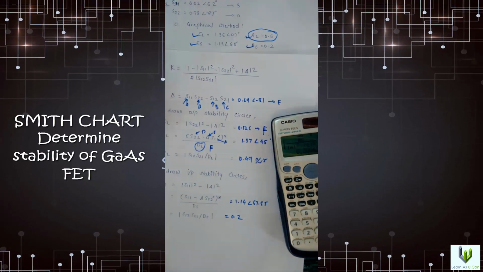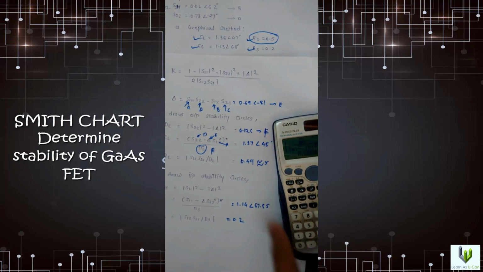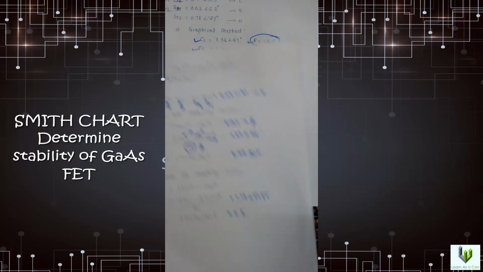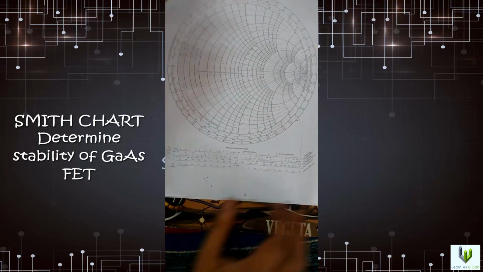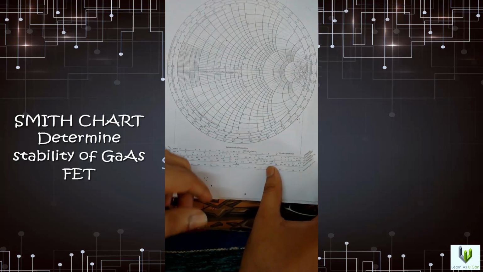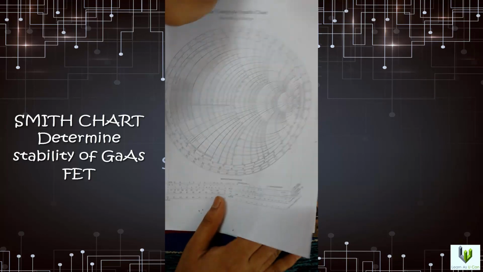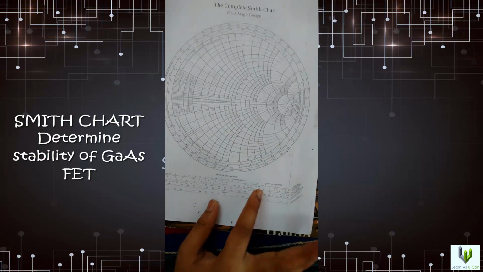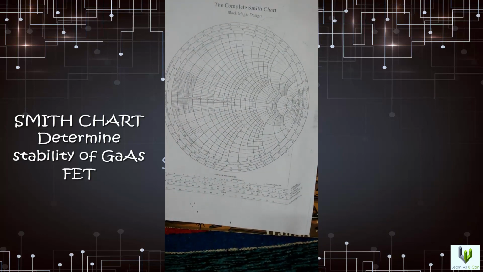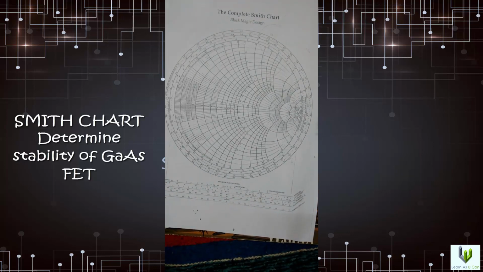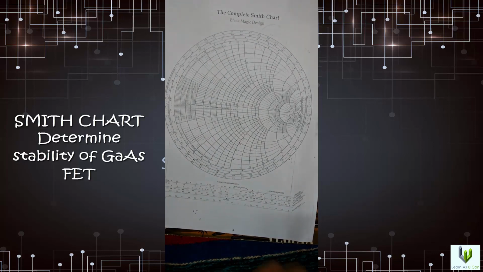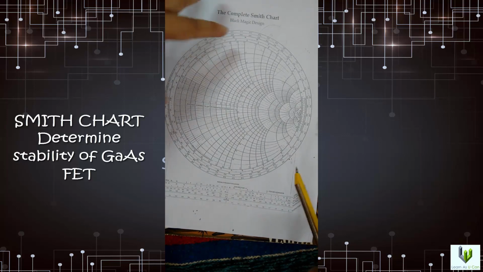Now I have to plot on the Smith chart. I am using this result only, not my calculated result. From the knowledge point of view, I am showing you. CL is 1.36 angle 47.